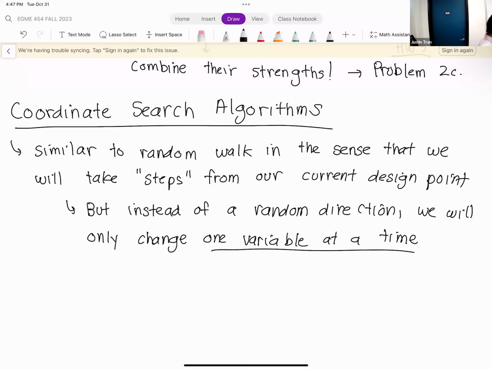And so this algorithm is a lot more consistent. The interesting thing is that when you run your random walk and random Monte Carlo methods, you run the exact same code multiple times. Sometimes you'll get a different answer because of the randomness involved. But with these more deterministic algorithms, assuming that your objective function is the same, if you run the same code over and over again, you're going to get the exact same result.